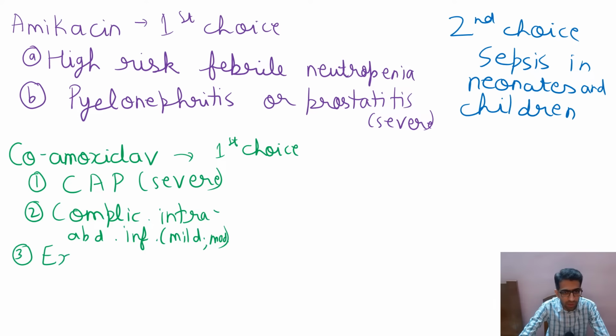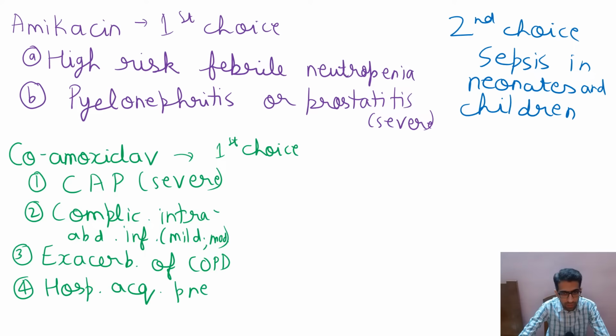Then exacerbations of chronic obstructive pulmonary disease, hospital acquired pneumonia, then low risk febrile neutropenia. Yeah, the difference you need to tell me in the comment section. What is the difference between low risk and high risk febrile neutropenia?